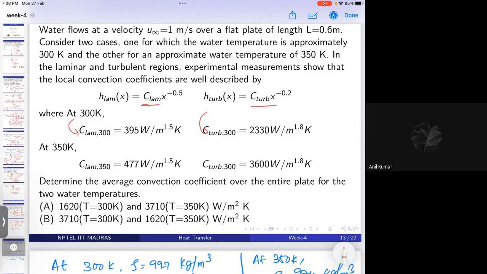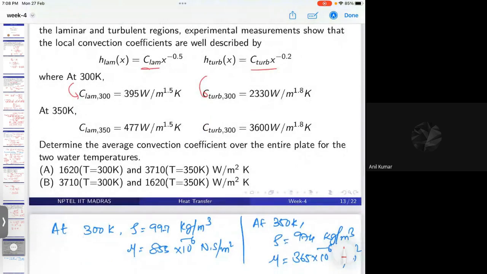Viscosity or the kinematic viscosity, is it given? Okay. Yeah, mu is given. I already specified.